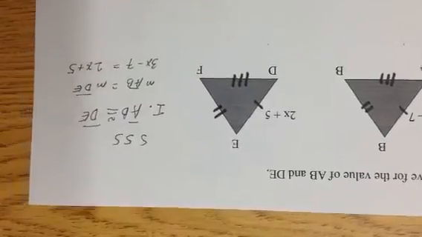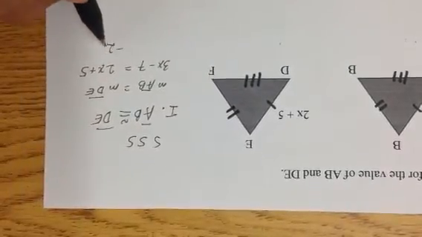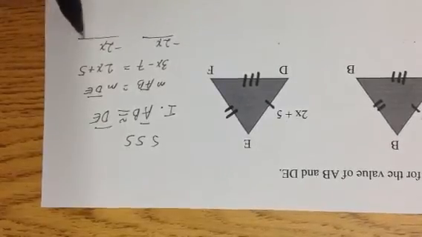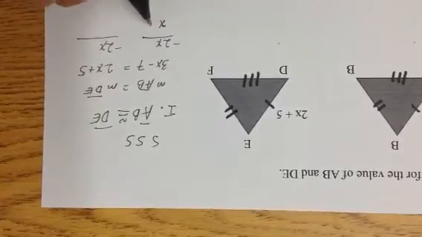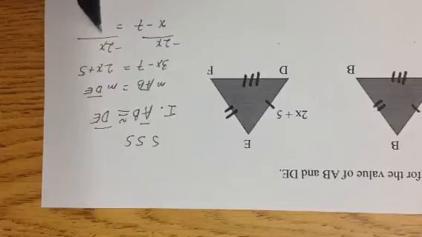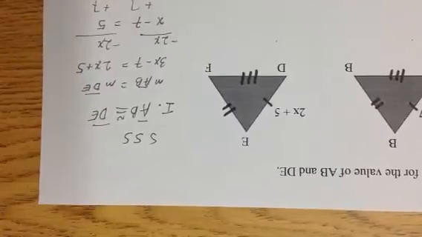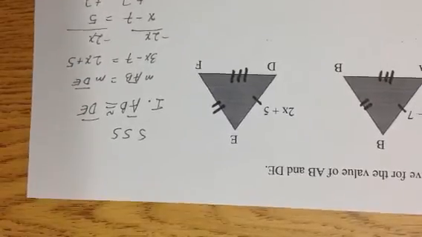So I'm going to solve now. I'm going to add a negative 2x on each side, and this gives me x minus 7 equals 5. And now I'm going to add a positive 7 to each side. And that gives me x equals 12. Now that is my first step to solve for x.